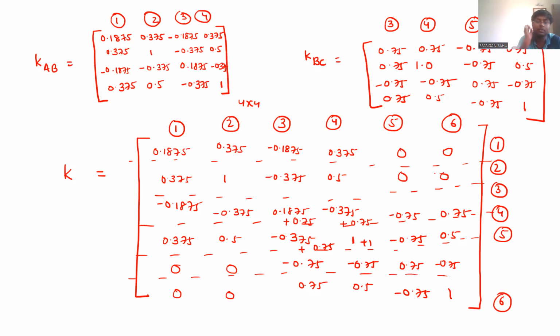Now you got it? No. What are you not getting? Means in the 3-4 column, 3, 4, 4, 4.